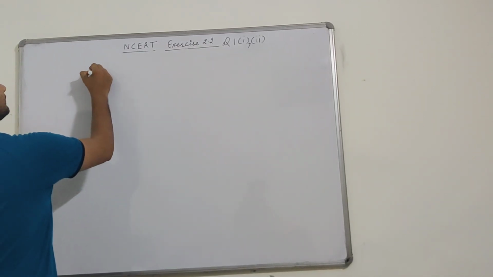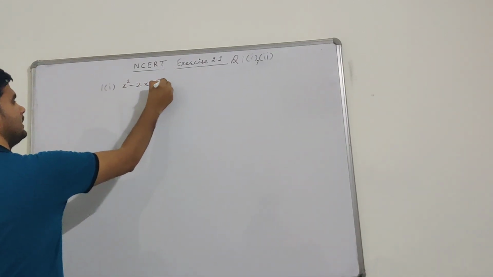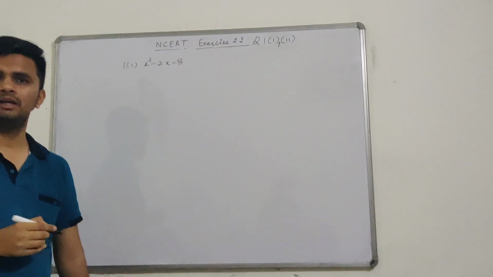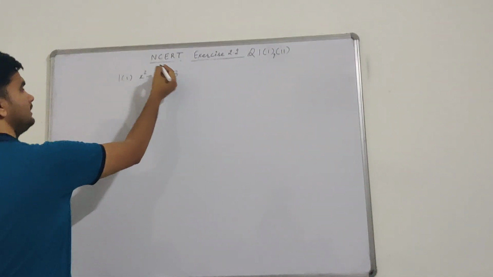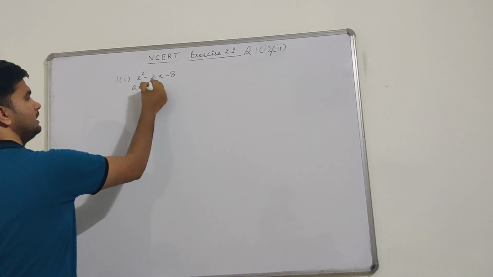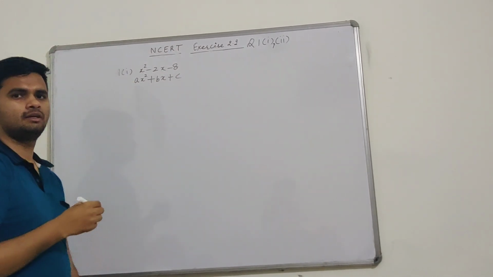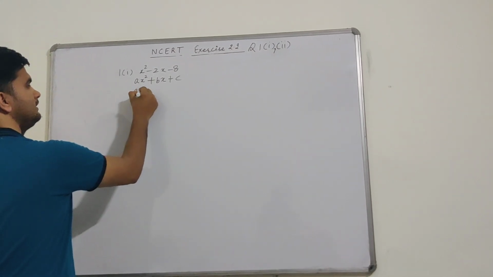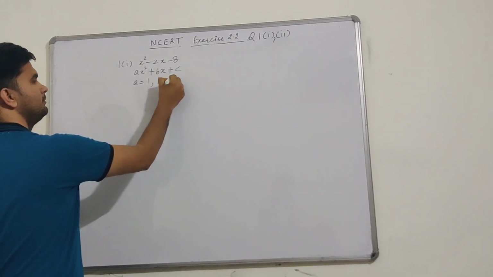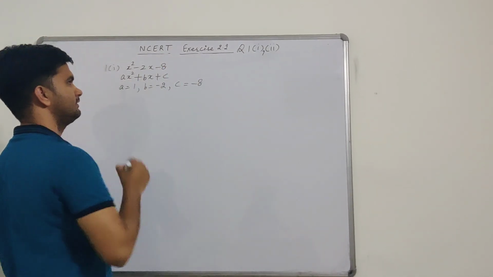And first question, first part is x square minus 2x minus 8. Now compare it with the general form of a quadratic polynomial ax square plus bx plus c. So here a is 1, b is minus 2, and c is minus 8.